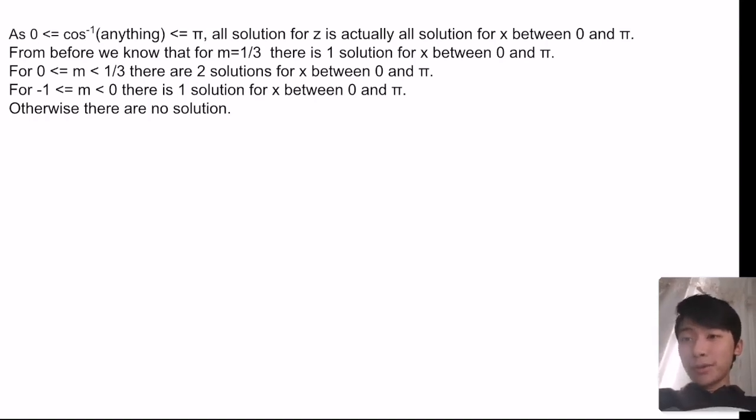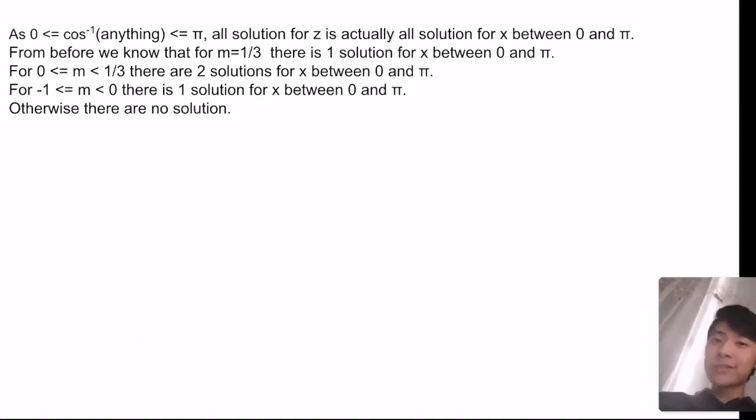For 0 smaller or equal to m, smaller than 1/3, there are two solutions for x between 0 and pi. And for m smaller than 0 but greater or equal to -1, there is one solution for x between 0 and pi. Otherwise, there are no solutions.